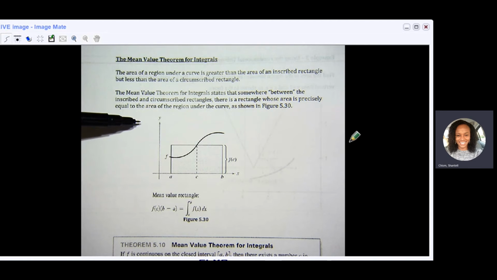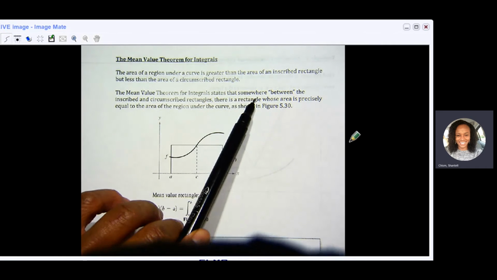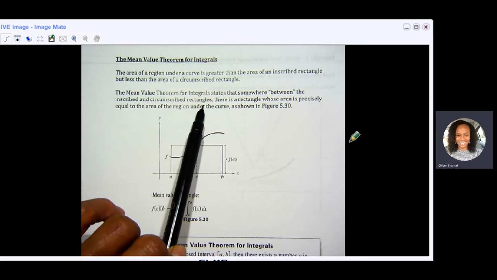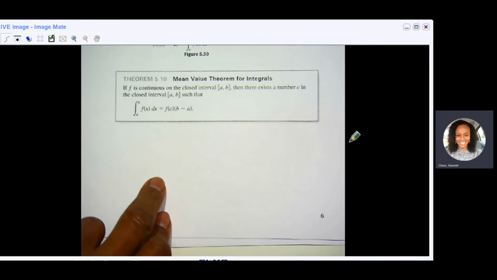The mean value theorem for integrals states that the answer would be somewhere between the inscribed and circumscribed rectangle. So it gives you an approximation of where your area would actually fall for a particular region. Okay?